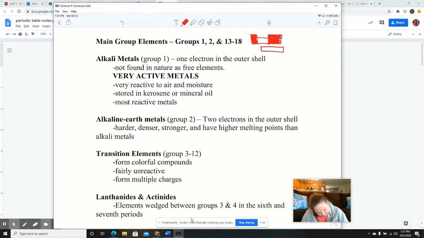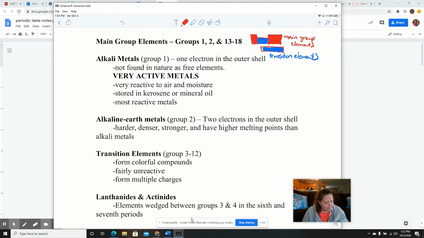The middle sections are not part of that. These middle sections are called the transition elements, and these red ones are called the main group elements. So that's what I'm getting at when you think about the periodic table.